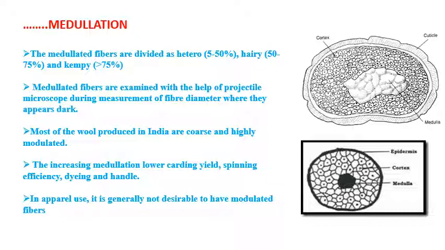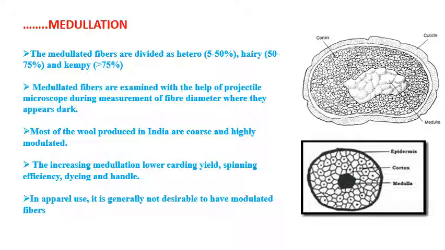Most of the wool produced in India is coarse and highly medullated. So as I said earlier, about 80 to 85% of the wool produced in India is of the coarse type. The fiber diameter will be beyond 30-35 micron, and the more the diameter, the more will be the medulla. So medullation percent will be more. Increasing medullation lowers the carding yield, spinning efficiency, dyeing and handle.